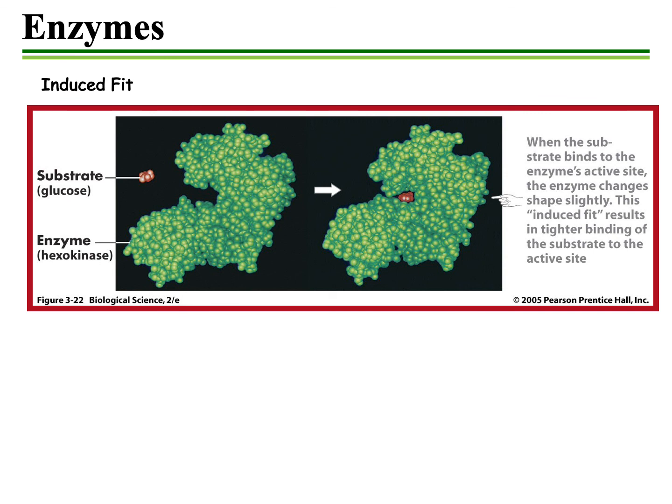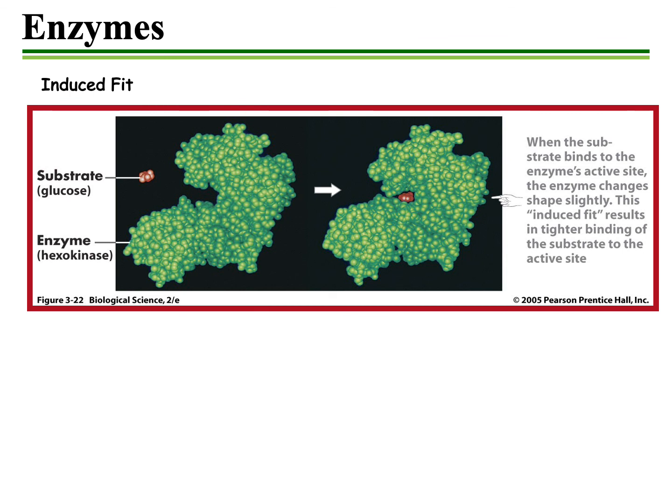Additionally, the enzyme name is typically written above the arrow of the reaction, or the yield indicator of the reaction. And then in addition to that, we can talk a little bit about the enzyme and substrate interaction.